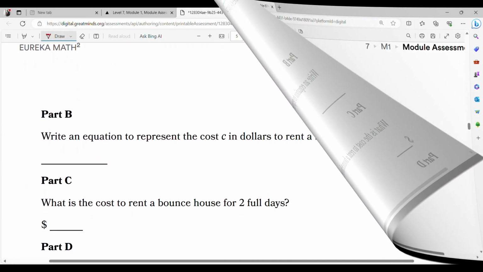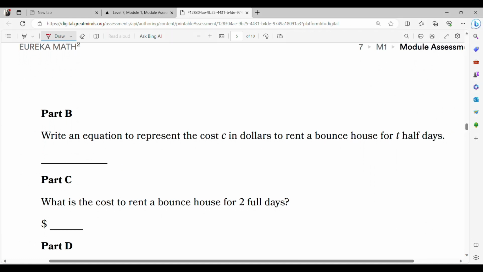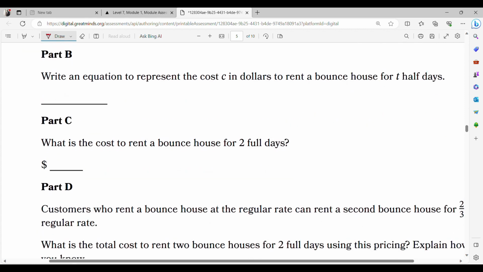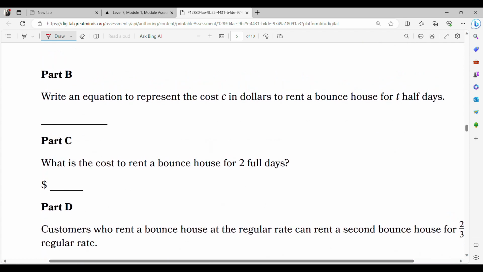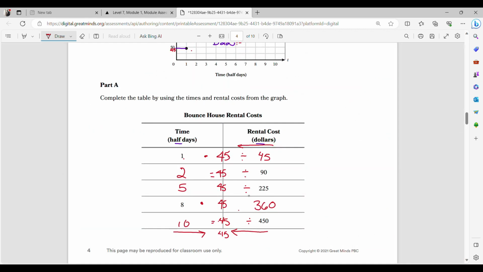Let's move on. Alright, write an equation to represent the cost, C, in dollars, to rent a bounce house for T half days. Alright, this is pretty easy. Actually, we can go right here. As we know, this is our X, this is our Y. The cost, C in dollars, cost is here, time is here.